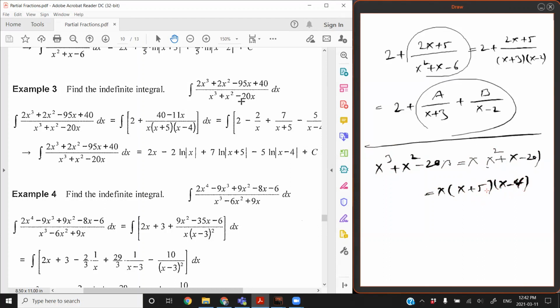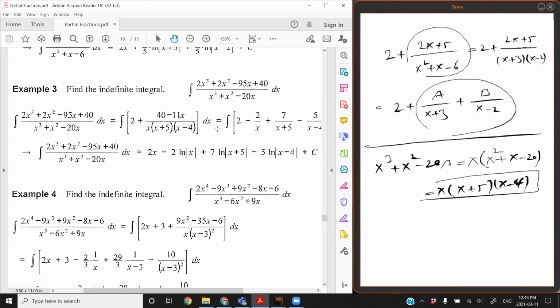Because the sum is supposed to be 1 and the product is supposed to be minus 20. And again, this would be case 1, because at the bottom you have 3 distinct linear factors.